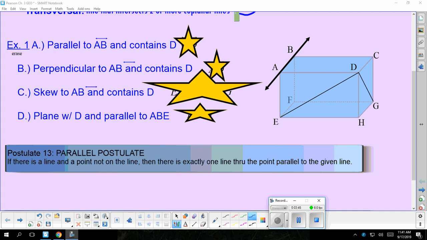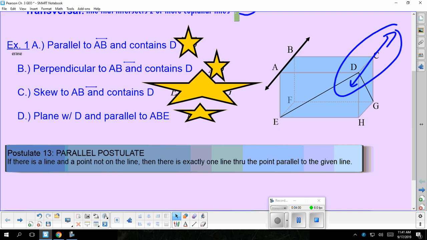So parallel to AB, it contains D. So we have line AB right here. So parallel is going to be that one or this guy down here, FE, but it contains D. So it has to be CD.